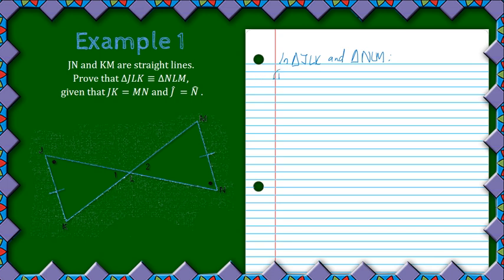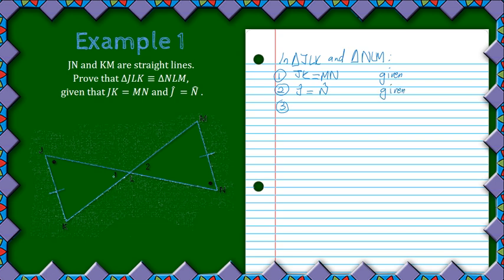Once again, we need to give three reasons. For the first reason, we are given that JK is equal to MN, so I can state that JK is equal to MN, and my reason is that it's given. Then I can state that angle J is equal to angle N, and my reason, once again, is given.